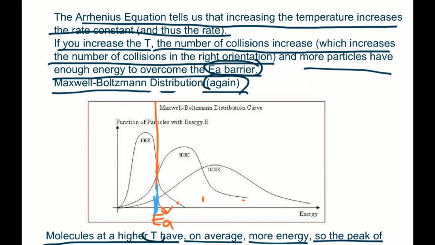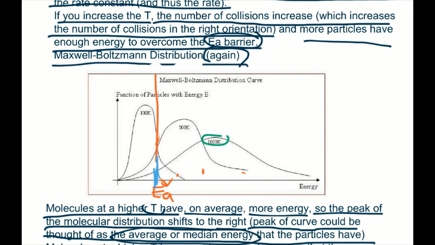And if you go at even higher temperatures, such as 1000 Kelvin, you notice how most of the particles will have enough energy to overcome the activation energy barrier and react. So as you increase temperature, there's more area to the right of the barrier, and thus more particles can react at higher temperatures, which increases the rate.